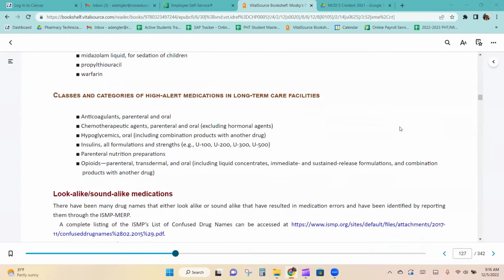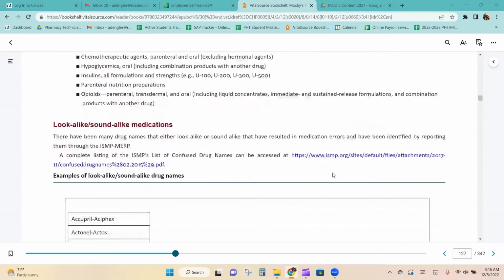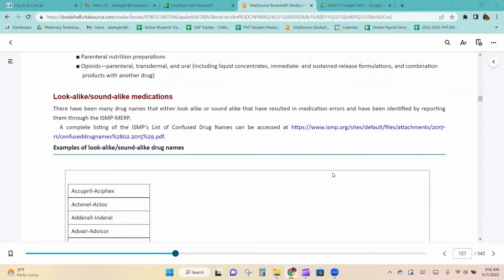And then we have classes and categories of high alert medications in long-term care facilities: anticoagulants, both parenteral and oral, chemotherapeutic agents, parenteral and oral, hypoglycemics, oral, insulins, all formulations and strengths, parenteral nutrition preparations, opioids, parenteral, transdermal, and oral.